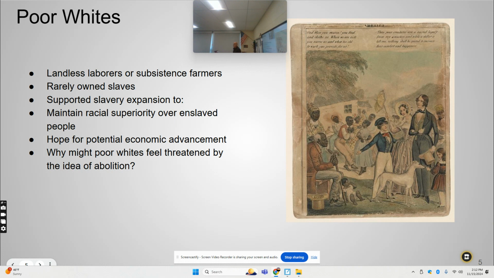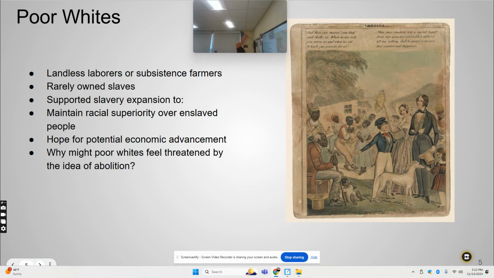Poor whites are also going to be frightened to death of the abolition of slavery, because with the job market, if slaves were freed en masse in large numbers all at once, you're going to have many white Southerners just be petrified of the consequences of that, about the opening up of job opportunities to literally millions of former slaves.